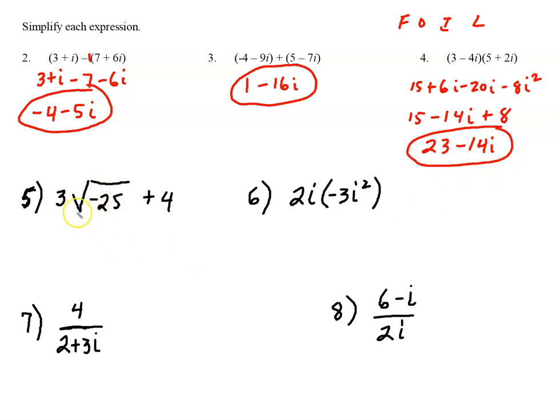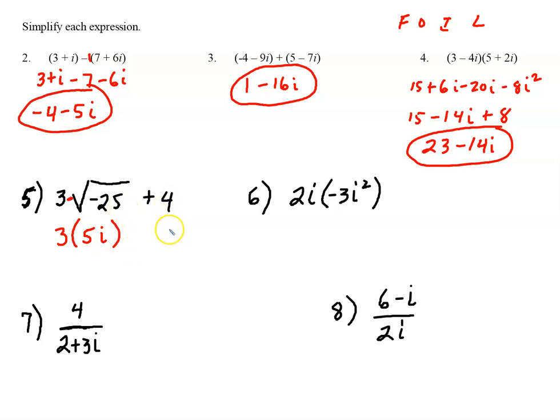For number 5, I need to change this square root of -25 first. So remember, this is multiply here. And this isn't the distributive property, 3 times both of these. It's just 3 times the square root of -25. So I need to change the square root of -25 into its i form.